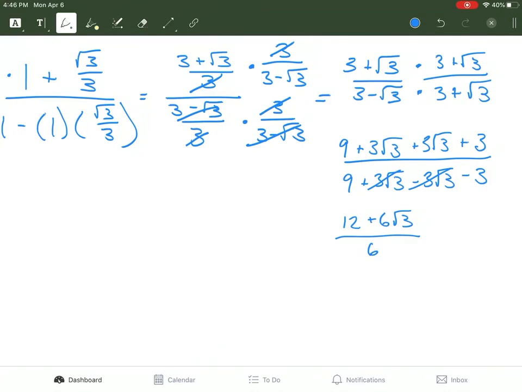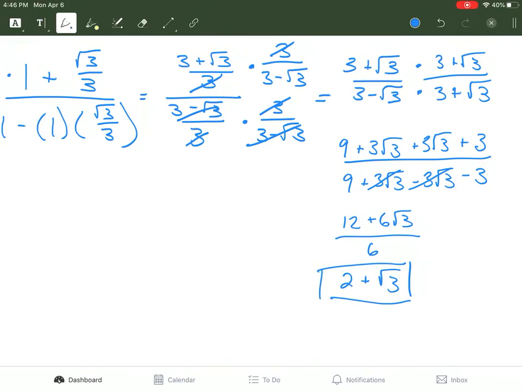So we no longer have square roots in the bottom of our fraction. All right, but wait, again, there is more. Just like the last problem, we have 12, we have 6, and we have 6. They're all reducible by 6. So if you do that, you get 12 divided by 6 is 2. 6 divided by 6 is 1, with a square root of 3 left over. And this is your answer.